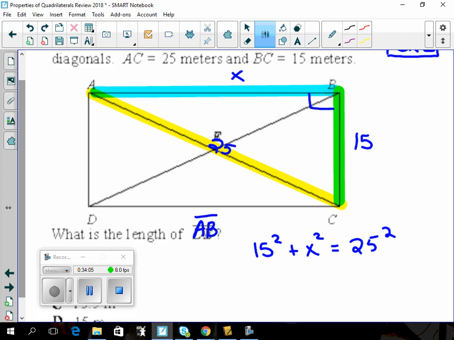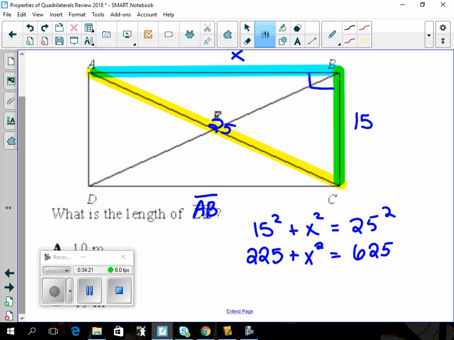15 squared is 225. 25 squared is 625. Kevin, tell me what I do next to solve this. Trying to solve for x. Beautiful, great.